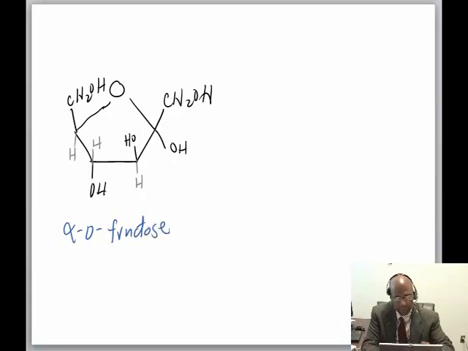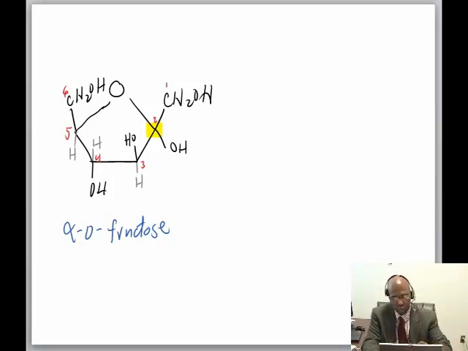If we number these carbons, 1, 2, 3, 4, 5, 6. And remember, for fructose, the 2 carbon is the anomeric carbon, not the 1 carbon, because it is a ketose. Okay, now let's make a phosphate ester using carbon 2.